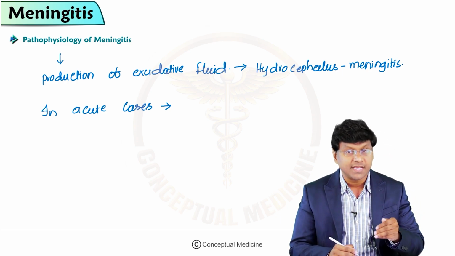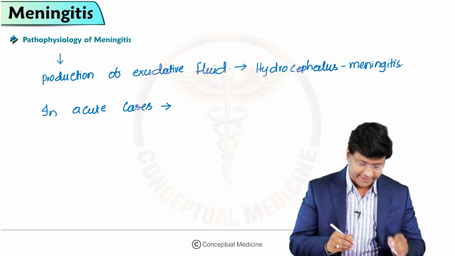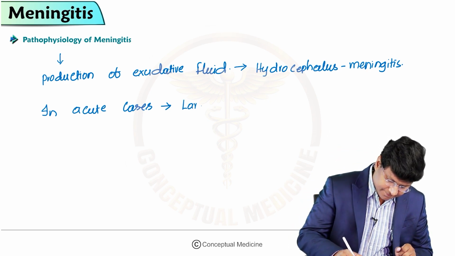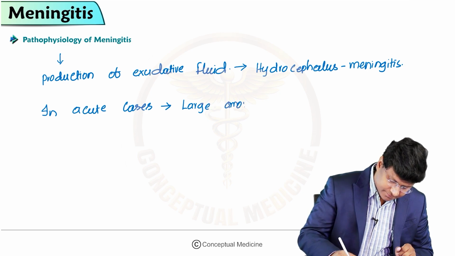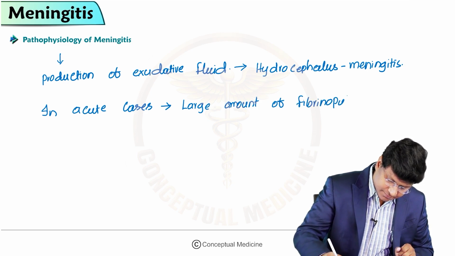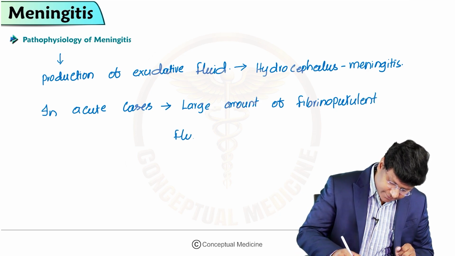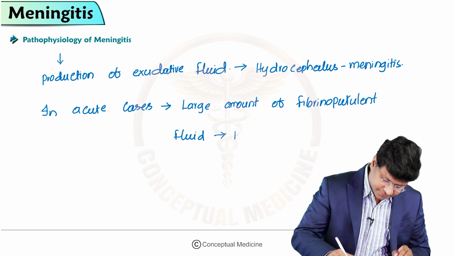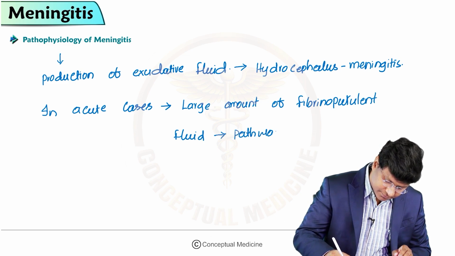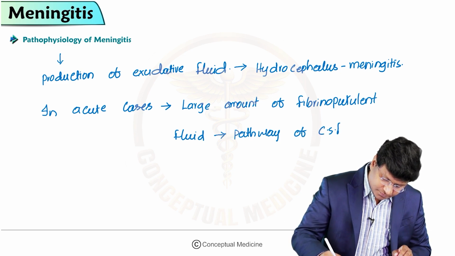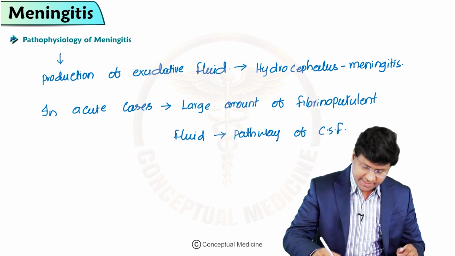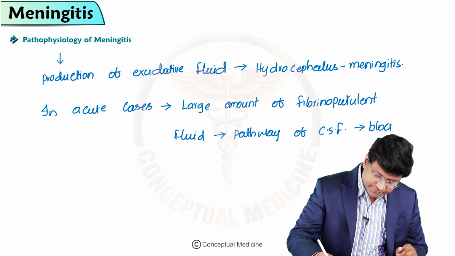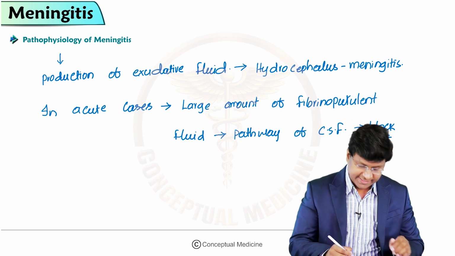In acute cases, a large amount of fibrinopurulent fluid gets accumulated in the pathway of the CSF and will block the flow of the CSF.